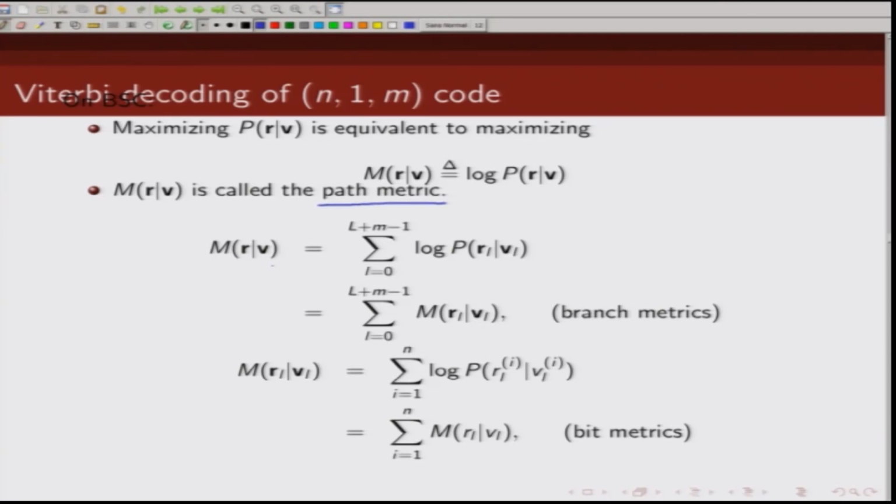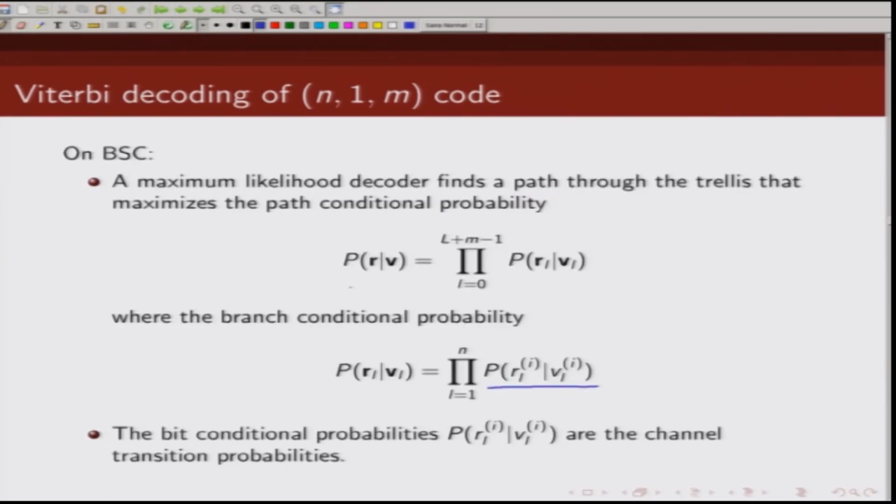Now, how do we compute the path metric? Go back and look at the expression for the probability of R given V. If we take a log of this, this product term becomes a summation.